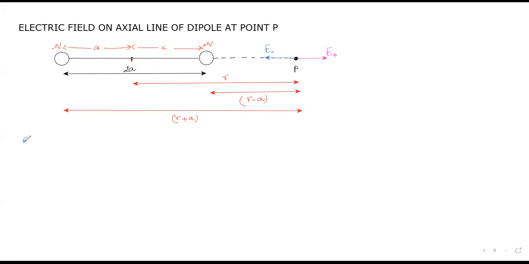Now, what will be the electric field at P due to the plus Q charge? It is E plus Q is equal to K Q over, what is the separation between the plus Q charge and point P? It is R minus A. So you can write here R minus A whole square. And what is the direction?